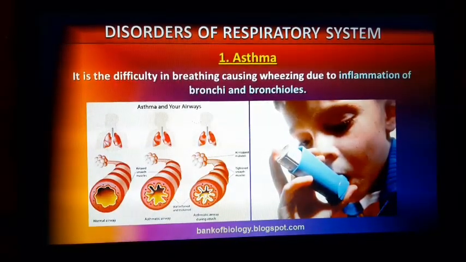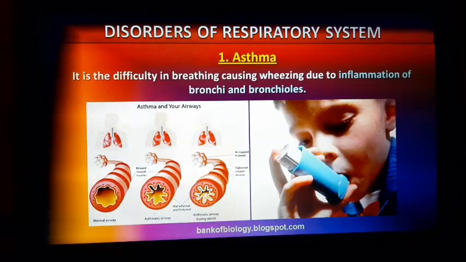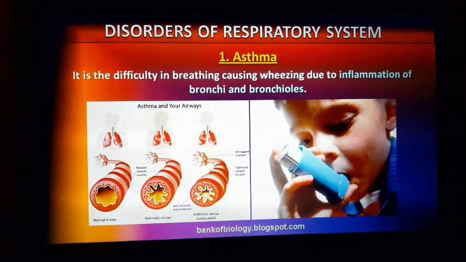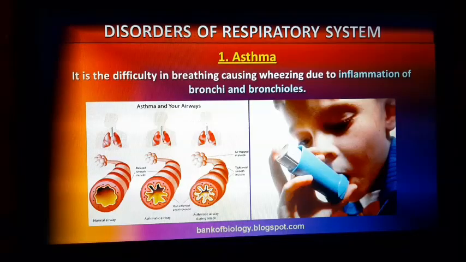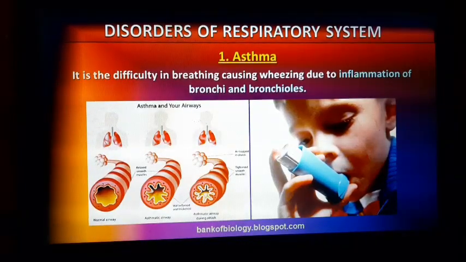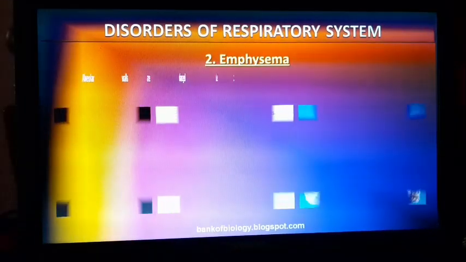As a result, it leads to infection of the bronchioles, where more mucus is formed, and that mucus leads to blockage of the air passage, leading to suffocation. And it can be relieved through certain antibiotics as well as through aerosols by oral sprays.